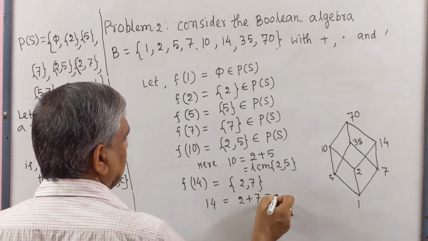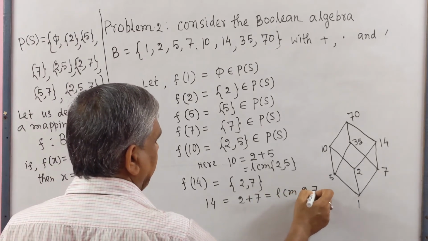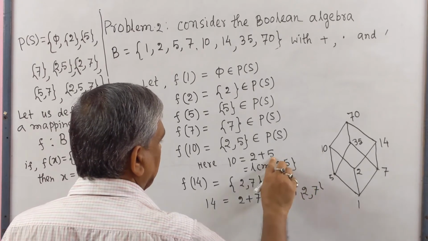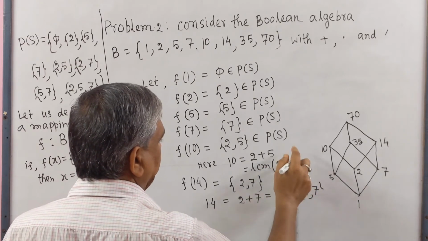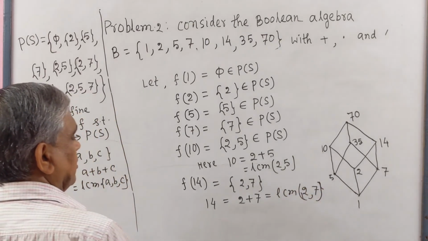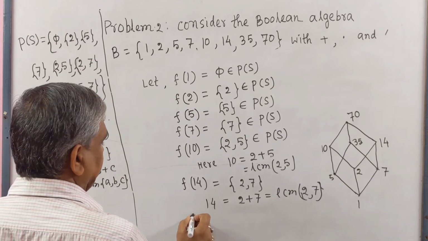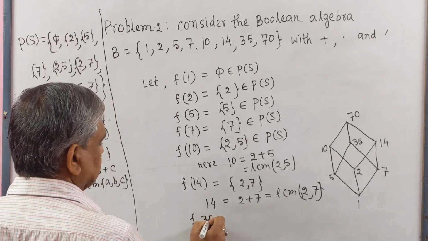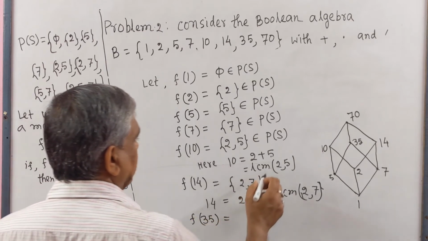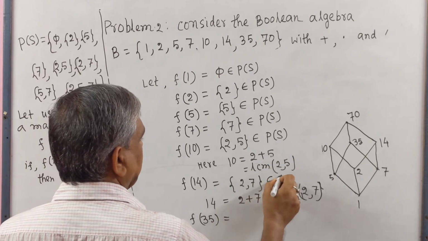That means LCM of 2 and 7, and LCM of 2 and 7 is 14. F35, and this belongs to PS.